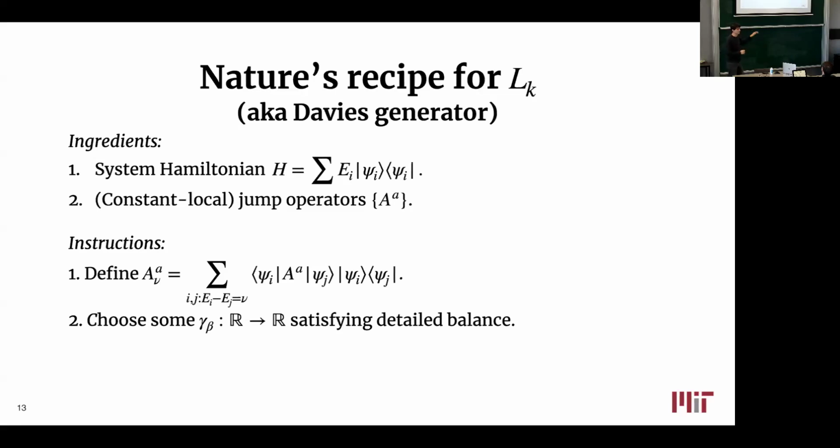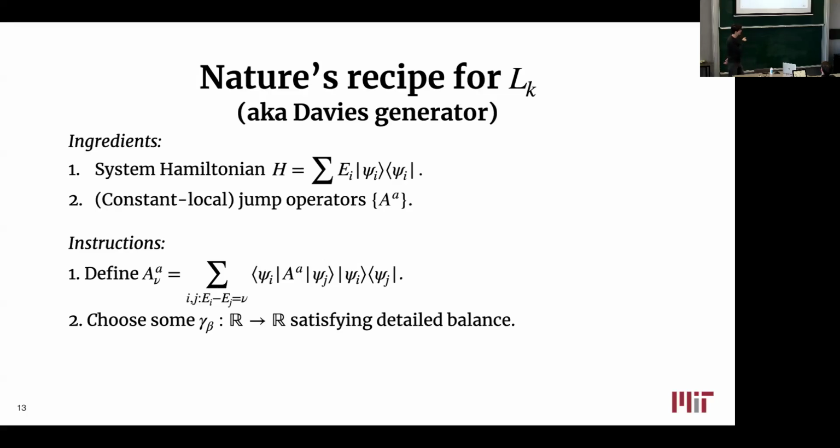So this is what's going to be underneath all of the modern Gibbs sampling algorithms. This difference of E sub i minus E sub j, the set of those differences, is known as the Bohr spectrum. And what this does is it gives you hops from one energy to another.